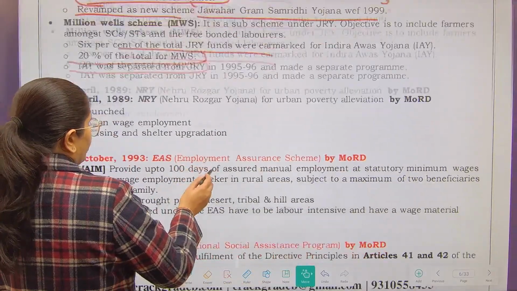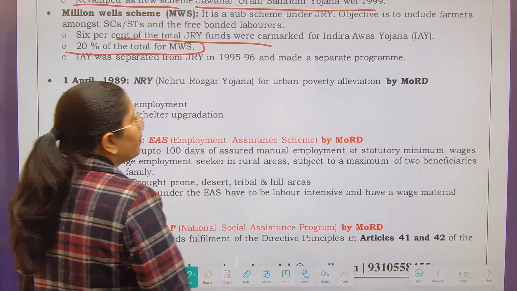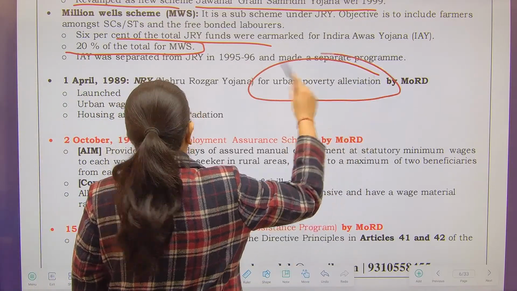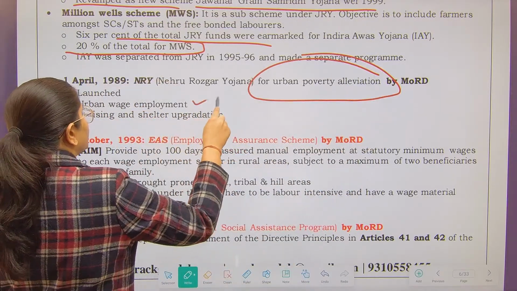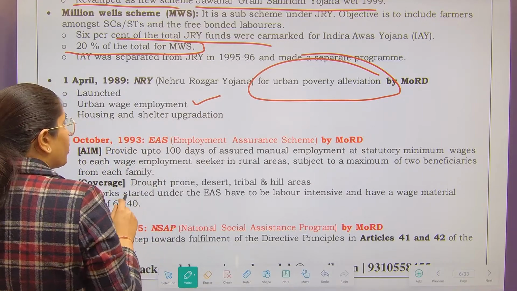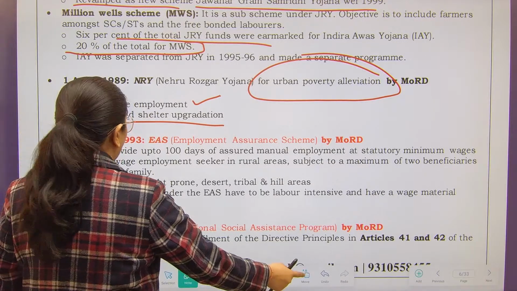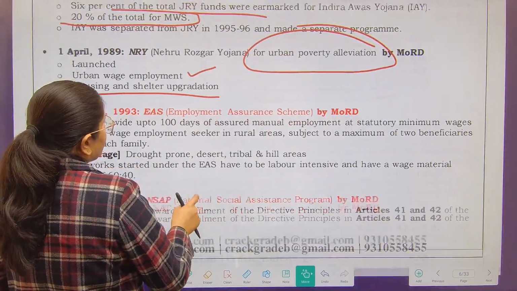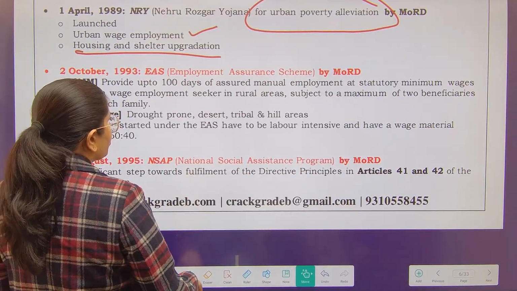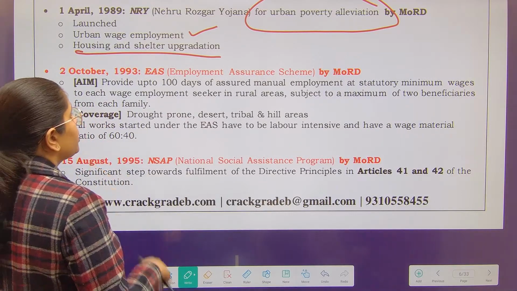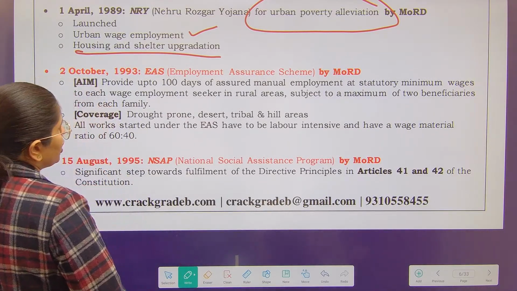NRY, Nehru Rojgar Yojna, was created for urban poverty alleviation, right? So this can be called an urban wage employment program, and housing and shelter upgradation was also a component of this. Next is EAS, the Employment Assurance Scheme by the Ministry of Rural Development. What is the assurance?